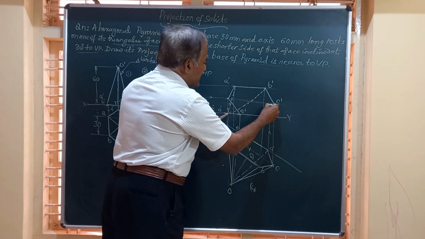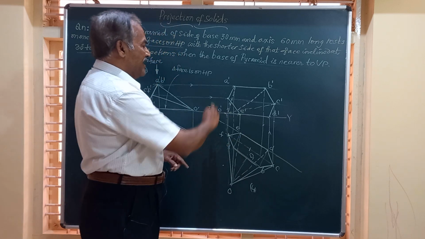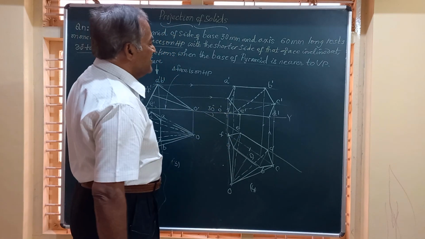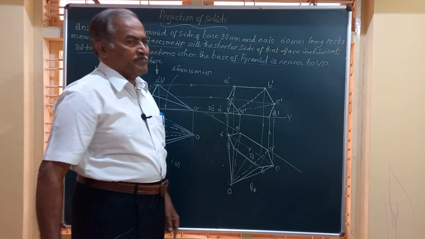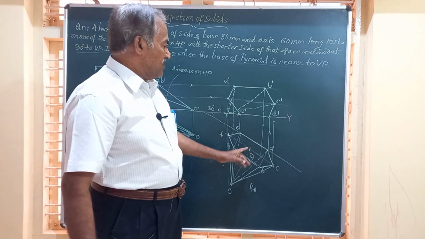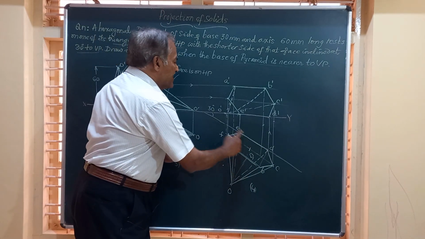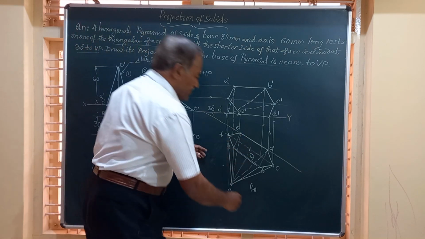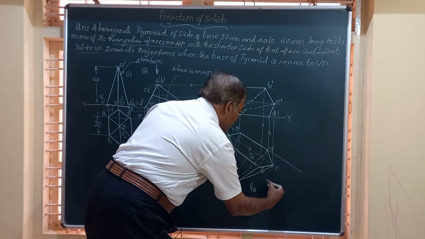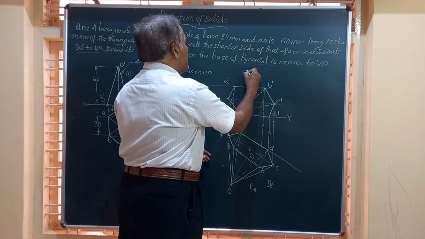Then O dash to C dash is also a dotted line. And this is how, friends, the pyramid looks when the pyramid is resting on one of the shorter edge of the base, making 30 degrees with VP. Friends, this figure will give you the top view, and the corresponding view here will give you front view.